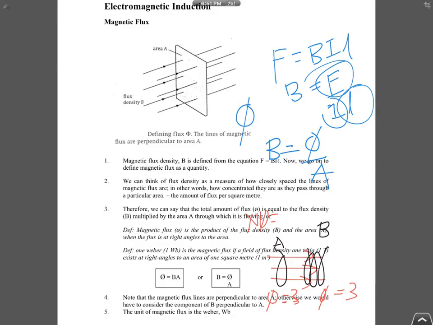If there are 3 flux here but there's only 1 turn, the flux linkage will be 1 times 3. But for coil B, the flux linkage will be 3 turns times 3 flux, so you get 9. So that is what we call flux linkage. It's not the same. You have to count the number of flux in each coil, then add up all of them together.